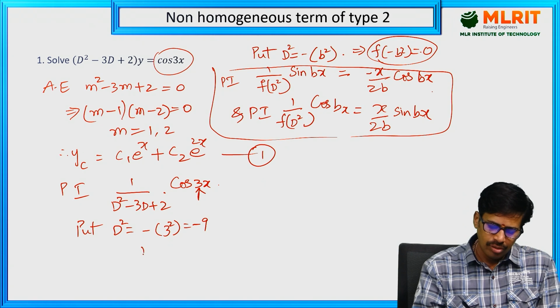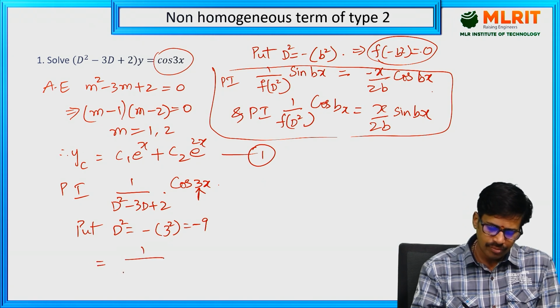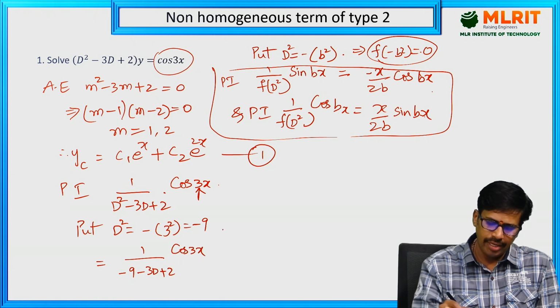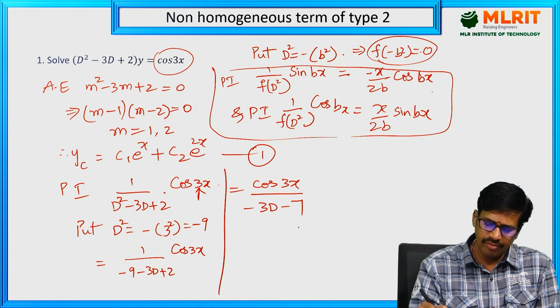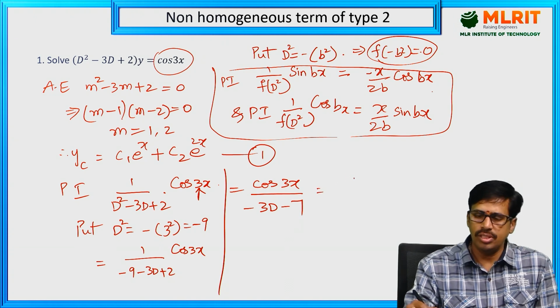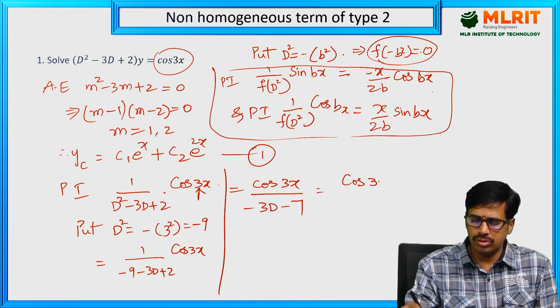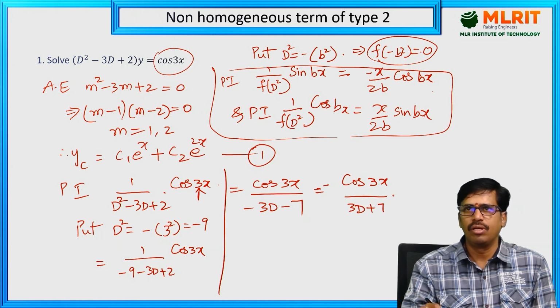So 1 by minus 9 minus 3d plus 2 cos 3x. So this can be written as cos 3x by minus 3d minus 7, which is minus cos 3x by 3d plus 7.